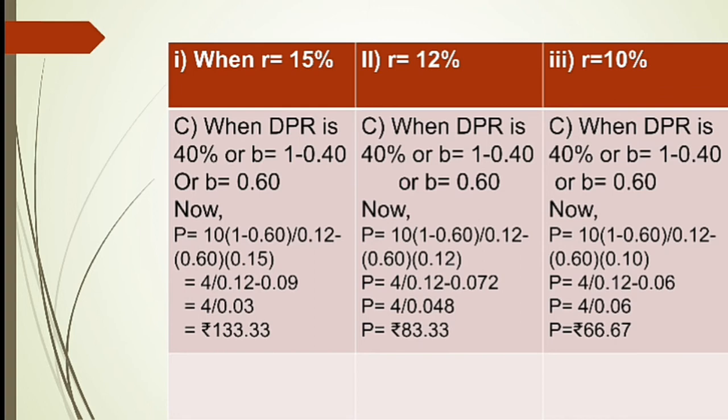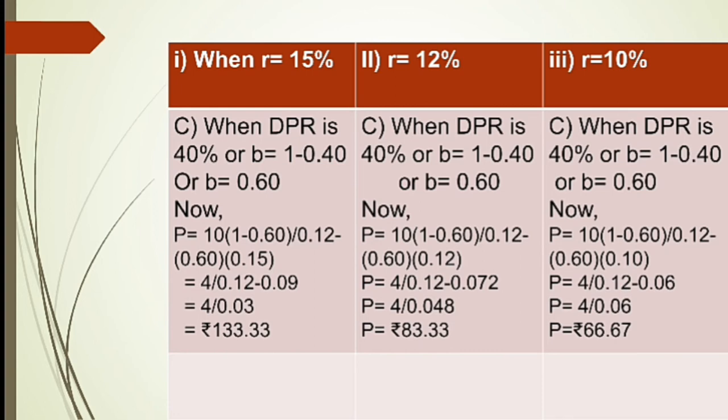Lastly, the value of share according to dividend payout ratio 40% and R 15% is rupees 133.33 per share.